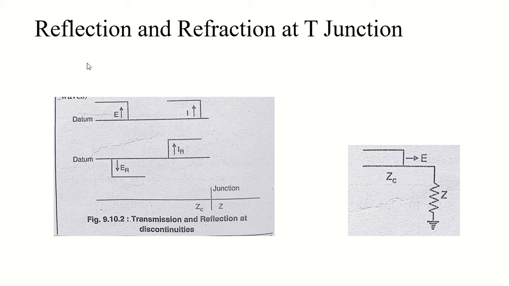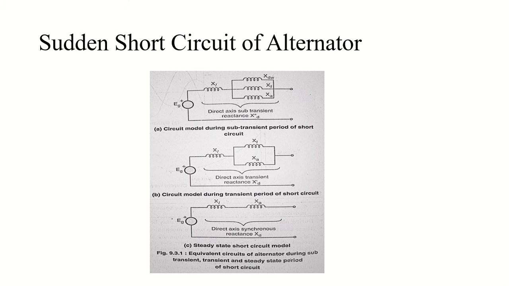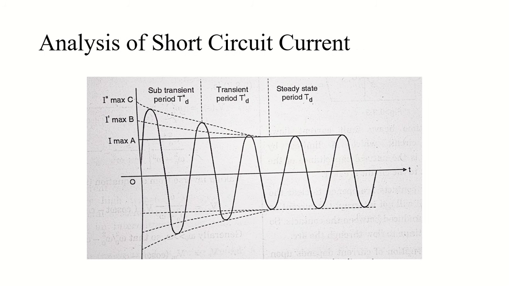In previous videos, up till now, we have seen what happens when a transient situation occurs in a simple RL circuit. We have seen the transient in a simple circuit. We have seen what happens to an alternator when a short circuit suddenly applies on it.